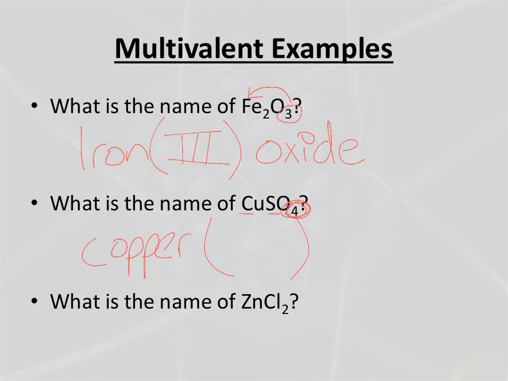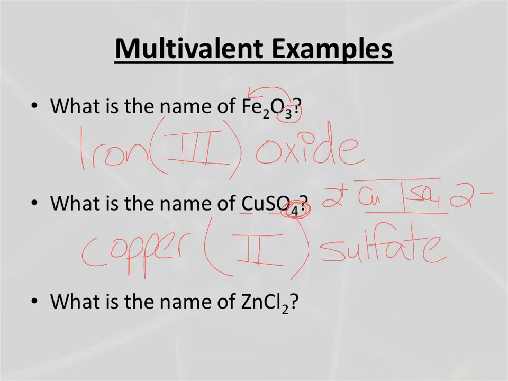That means there's a polyatomic in there. The polyatomic is SO4. So if I write me a little small I bar here, we got 1 SO4 that has a charge of 2 minus. So that means my copper was 2 plus. So copper, Roman numeral 2. SO4 is sulfate. So copper 2 sulfate.